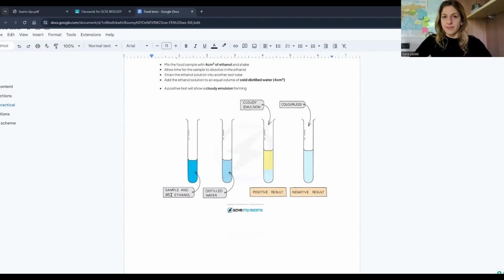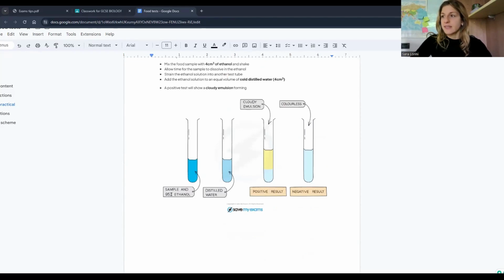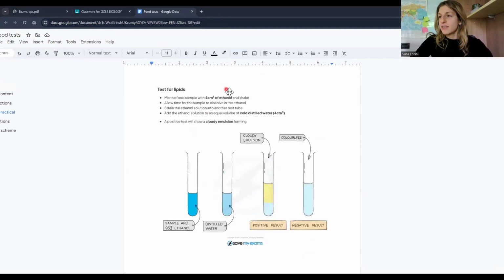Lipids. So lipids is the emulsion test. Remember, we have ethanol, you add ethanol, and notice how stating the volume is also very nice when you describe an experiment.